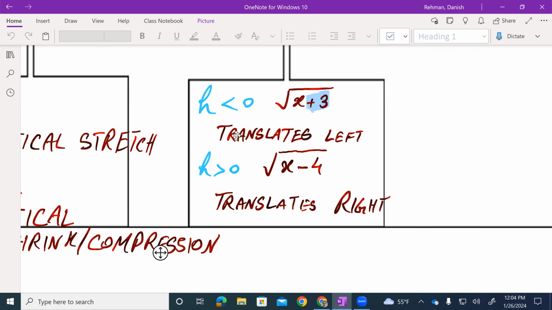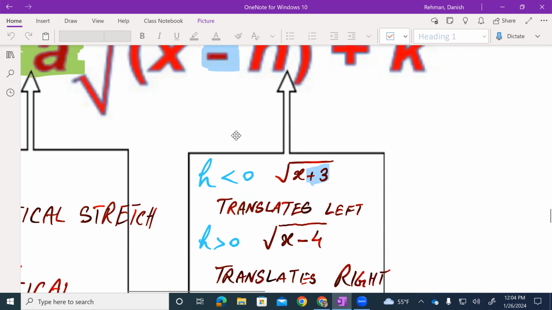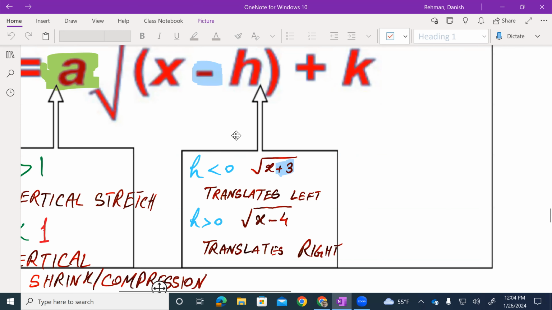So h causes the function to move in 2 directions: either to the left or to the right. Got it?